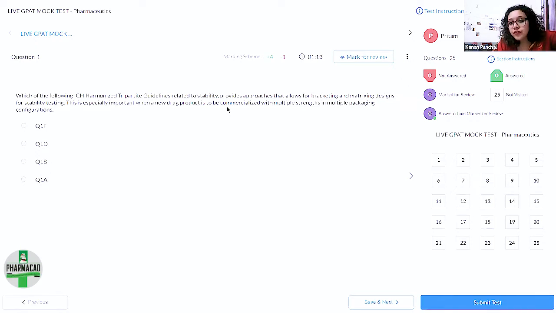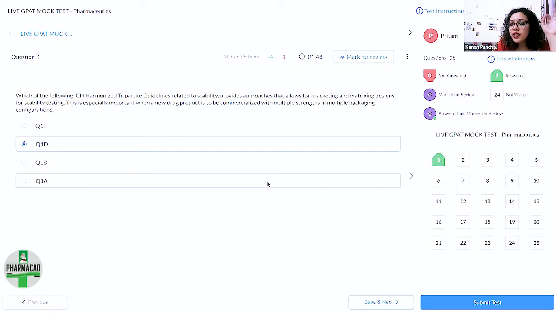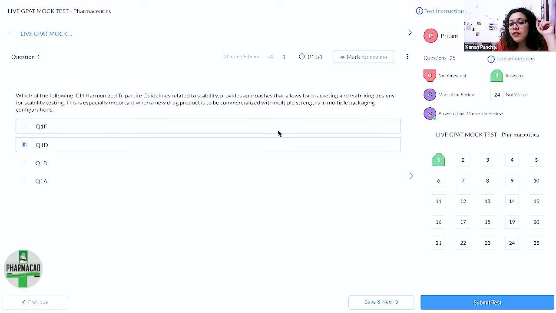They go from Q1A, Q1B, C, D, E up to F. In that you have one guideline which is going to help you for the bracketing and matrixing design. It is one design you will study in your masters. Bracketing and matrixing design is used for stability studies. So which of these guidelines is going to help you? The answer here is Q1D. Q1D is going to help you for bracketing and matrixing design.